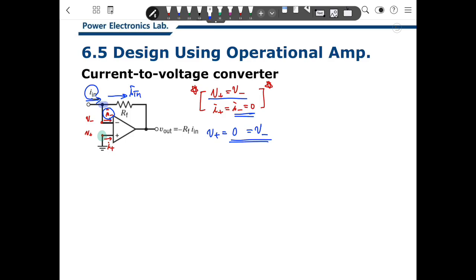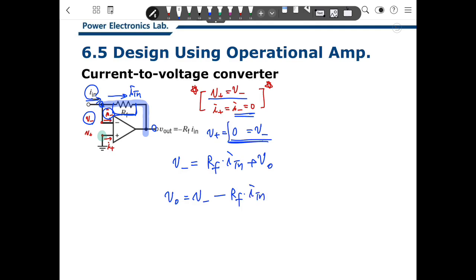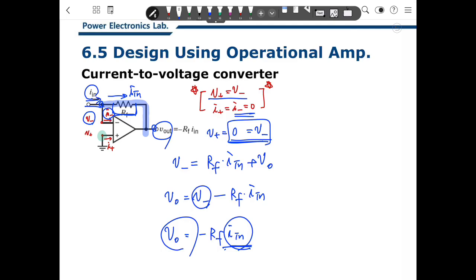Based on these equations or circuits, we get that the voltage V negative is the voltage drop here, R_F I_in, and this voltage V out. So V out will be V negative minus R_F I_in. And we know V negative is 0, so V out is minus R_F I_in. So this output voltage is proportional to this input current here. So we call that a current to voltage converter.